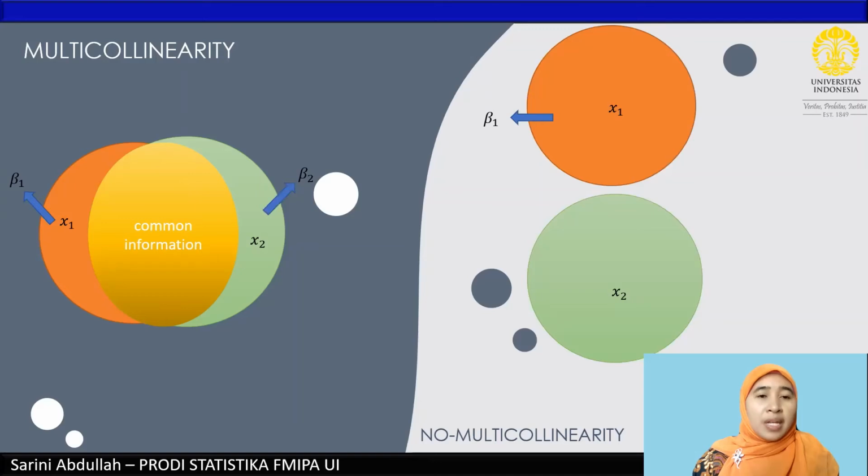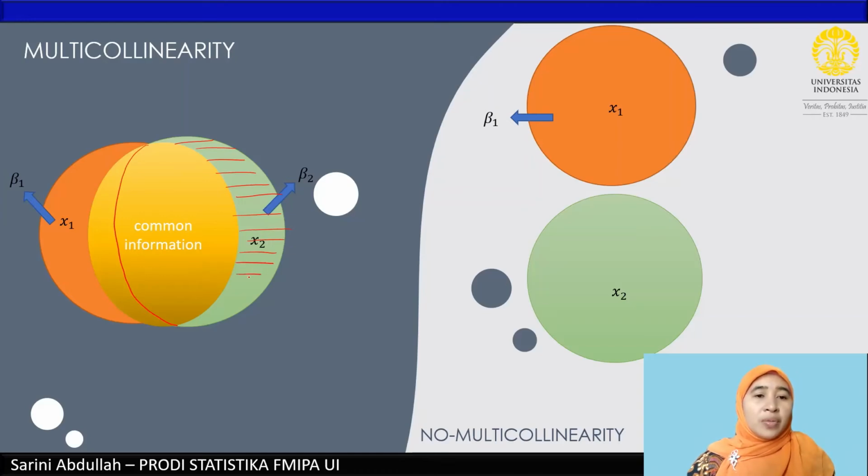Same thing with evaluating the contribution of x2 in the model. With the same argument, beta 2 is no longer measuring this whole information here. Instead, beta 2 represents the contribution of x2 after taking into account the information from x1.